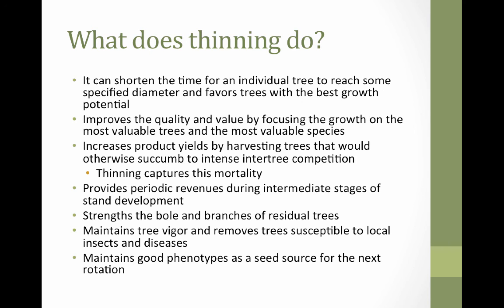Thinning captures this mortality, provides periodic revenues during intermediate stages of stand development, strengthens the boles and branches of residual trees, maintains tree vigor and removes trees susceptible to local insects and diseases, and maintains good phenotypes as a seed source for the next rotation.